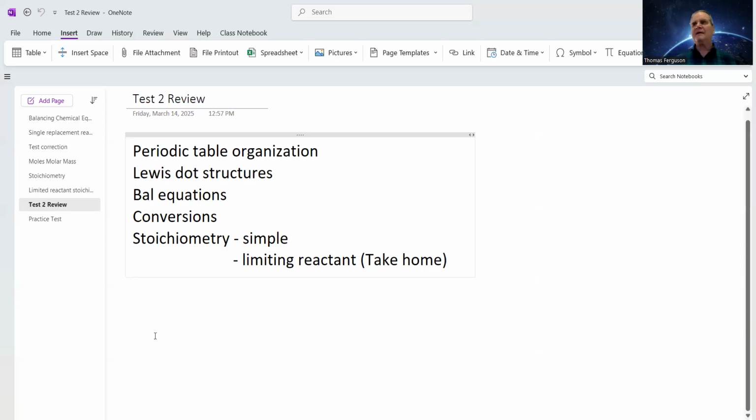Now, on the periodic table, I'm going to give you a periodic table. I'm going to ask you to find the following. Let me just write this down.